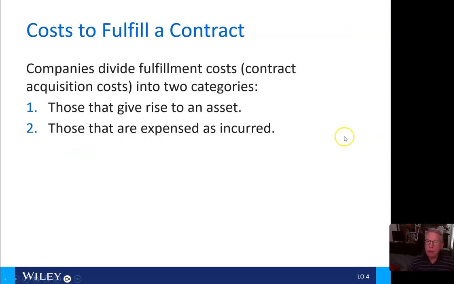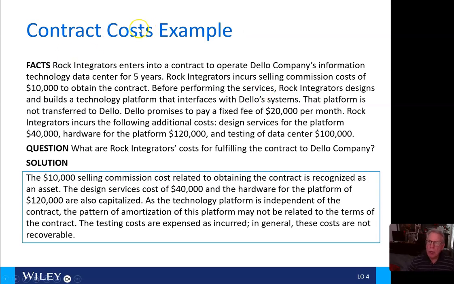Okay, costs to fulfill a contract. Companies divide fulfillment costs and contract acquisition costs into two categories: number one, those that give rise to an asset, and number two, those that are expensed as incurred. So, here is an example. Rock Integrators enters into a contract to operate Dell Company's information technology data center for 5 years.